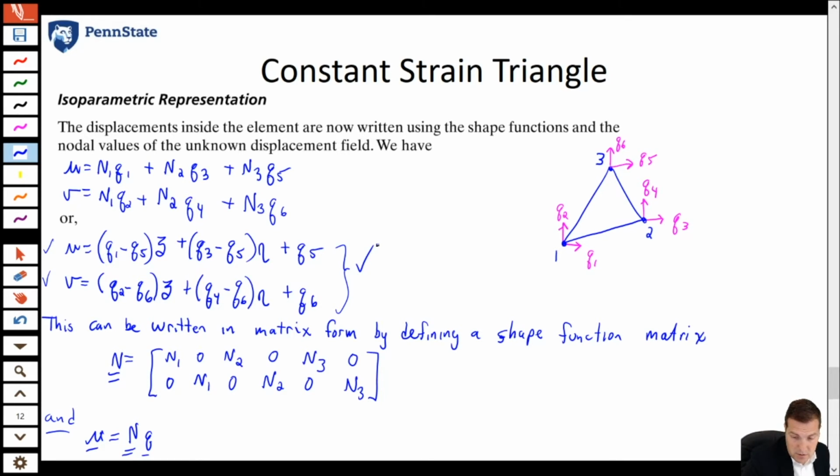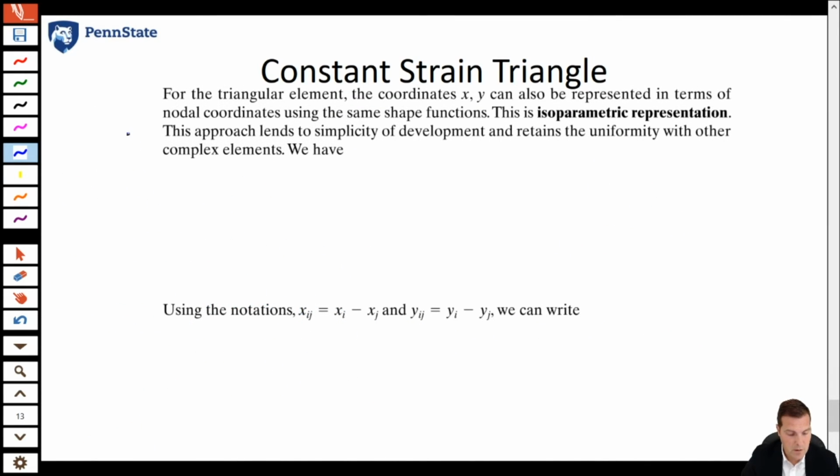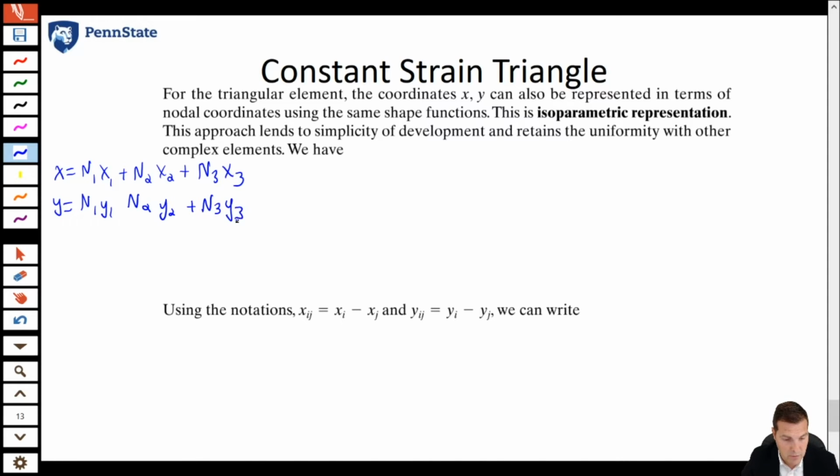So pretty interesting when we're writing displacements in terms of shape functions. Now, if you remember what it means to be isoparametric, it means that you can write that for the x locations also. So in that case, we have x is equal to N1 x1 plus N2 x2 plus N3 x3. Y is equal to N1 y1 plus N2 y2 plus N3 y3.